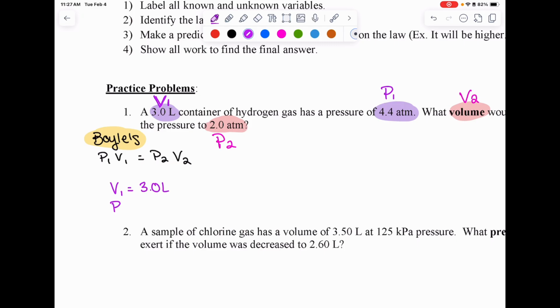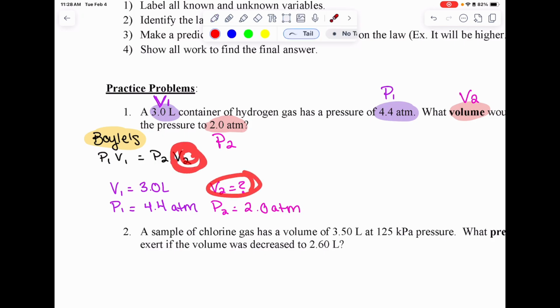P1 is 4.4 atm. We are looking for V2. But we know that P2 is 2. So I'm looking for this here. Oh, excuse me. So let's go ahead.